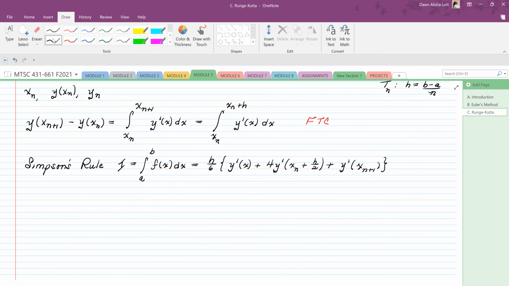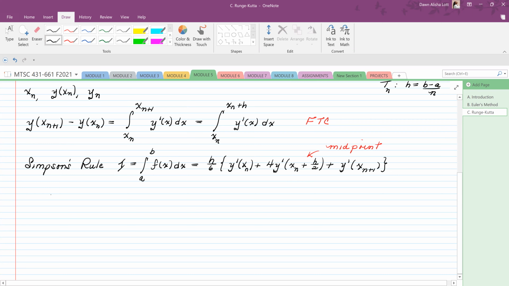All righty. So when we do that, we know that this point right here is a midpoint. That's the midpoint between xn, which should be right here, and xn plus 1, where the midpoint is xn plus h over 2. Okay.